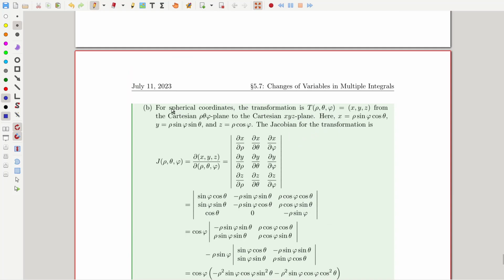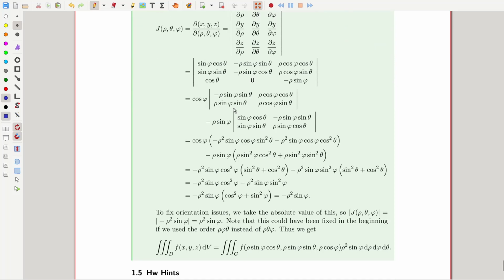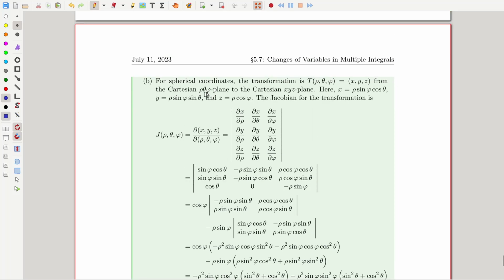Okay, so the spherical coordinates, you can think of it as a transformation from a space rho theta phi to a space x y z. I'm going to make a comment about this, which is that I think this is not the right choice of the order.